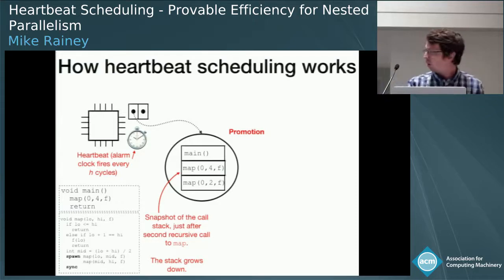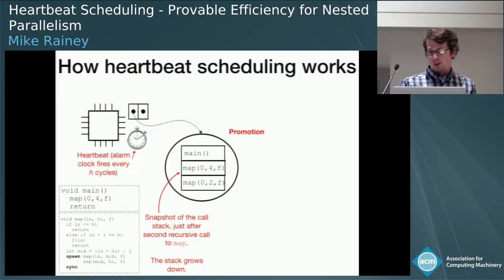So that's what our call stack looks like. At this point, what heartbeat does is look at the call stack and find that there is indeed a latent opportunity for parallelism in there, corresponding to the upper half of that range of 0-4.